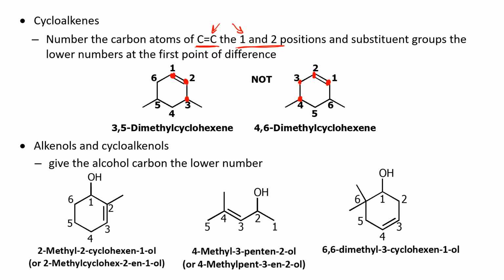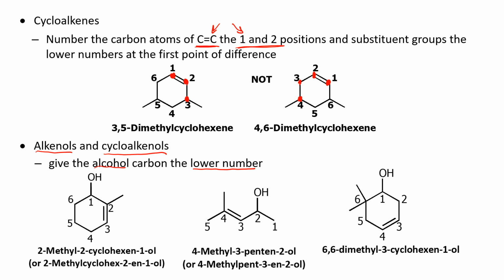Now, moving on to alkenols and cycloalkenols. We have to give the alcohol the lowest possible number. I've posted a priority list on the Blackboard page that you can review, which I'll mention in our Zoom meeting. On this priority list, we see that alcohols take a higher priority than the alkenes.